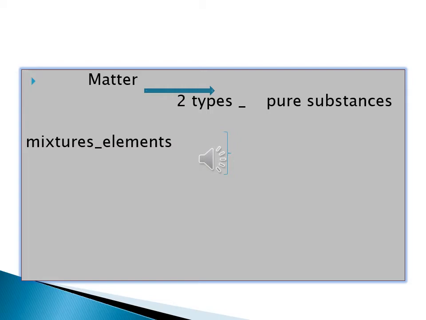Pure substances are elements and compounds. Mixtures are homogeneous mixtures and heterogeneous mixtures. Pure substance consists of two types, elements and compounds. Mixture is not supposed to be given here; that is a printing mistake.